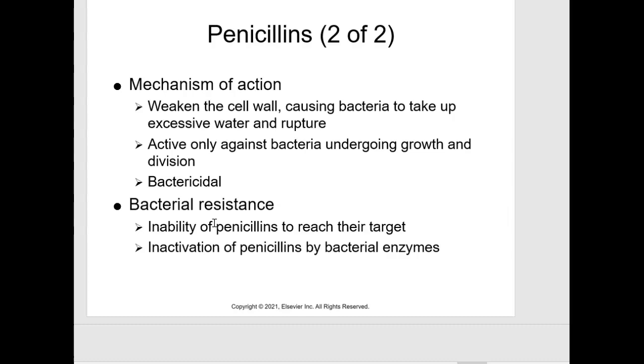Or I could create PBPs that have a low affinity for penicillins. A simple example of that, just for my brain, is let's say the PBPs are usually a fluorescent hot pink, so when I give the drug, the penicillins go and find the really hot pink target and latch on to that.